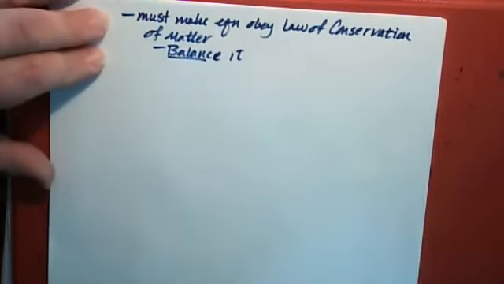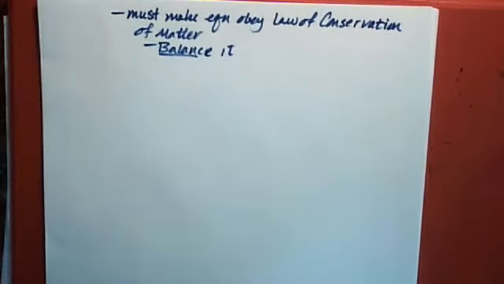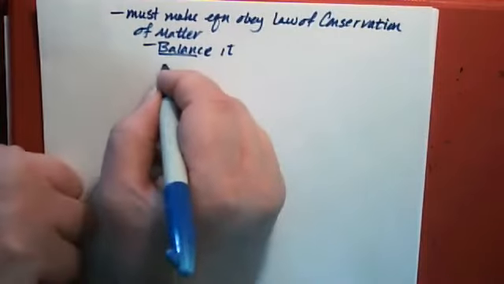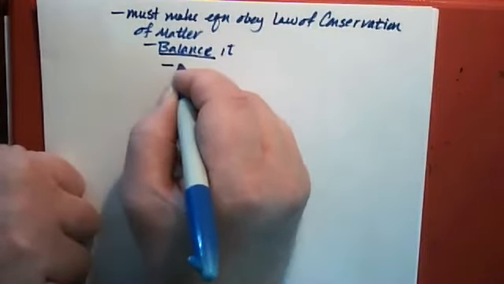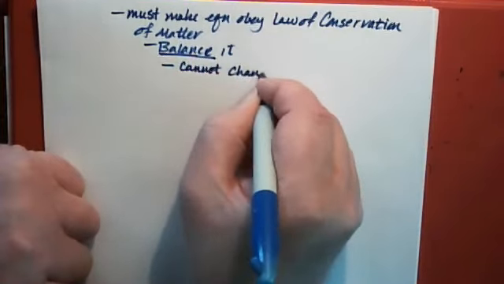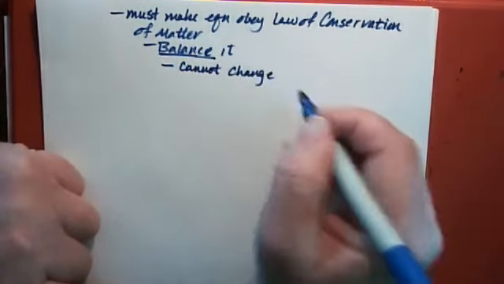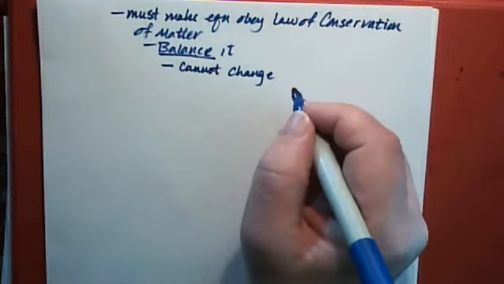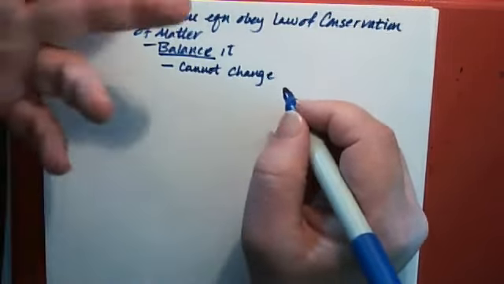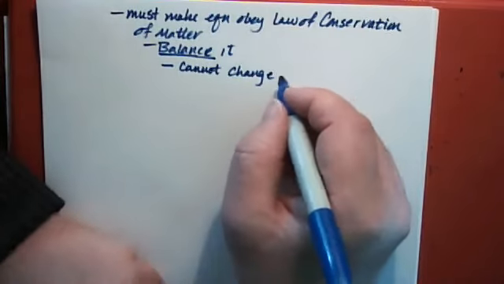The way we do that is by balancing the reaction. That's what it's called. For balancing a reaction, there are a couple of important things to remember. In balancing a reaction, you're trying to get the reaction so that it obeys the law of conservation of matter.